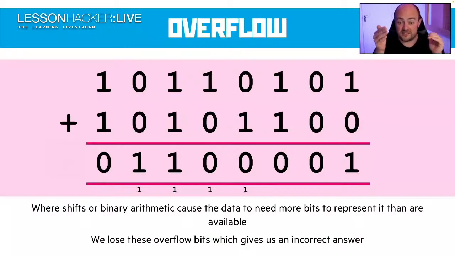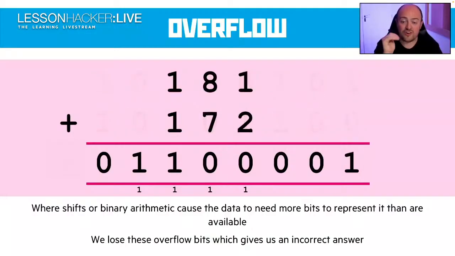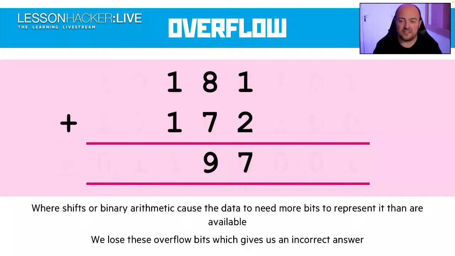If the word size is, in this case, 8, I can't store any more than 8 bits. So the moment it goes above 8 bits, I lose the most significant value. So what that means is that this is essentially 181 plus 172. But because I haven't been able to store the most significant one, it's given me an answer of 97, which is completely wrong. But that's what the computer's doing when it overflows.